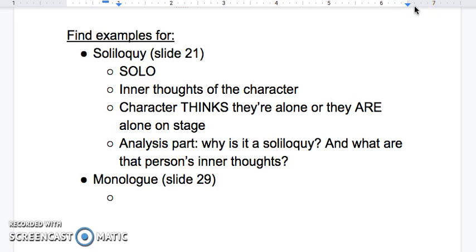Monologue is similar, it's a long speech, but it's given to other people, right? You speak a monologue to someone, or to a group of people. So, for example, Mercutio's Queen Mab speech from scene 4. It's a long speech, but he doesn't think he's alone, right? He's talking to Benvolio and Romeo, and the purpose is to express some point to them. It's not to think out loud.